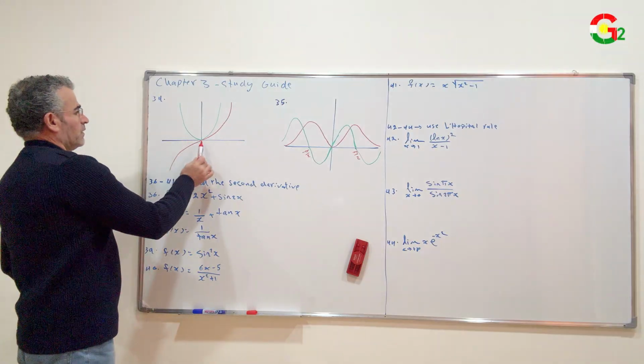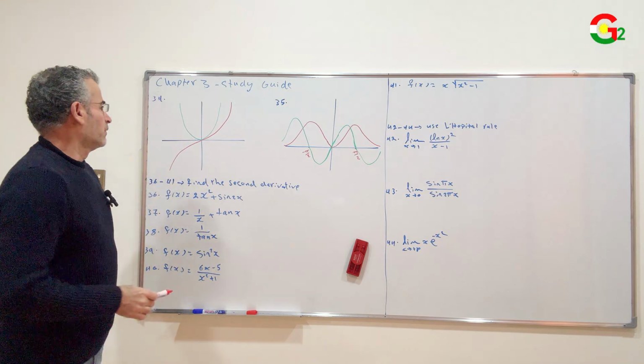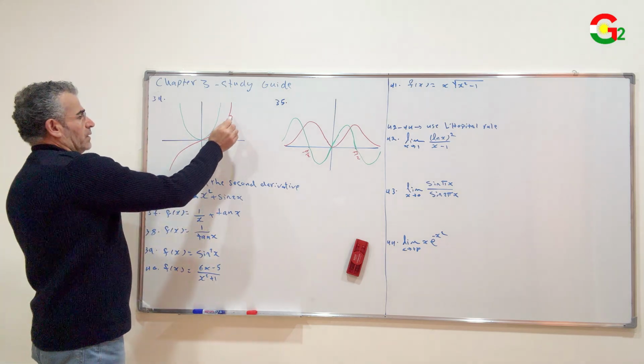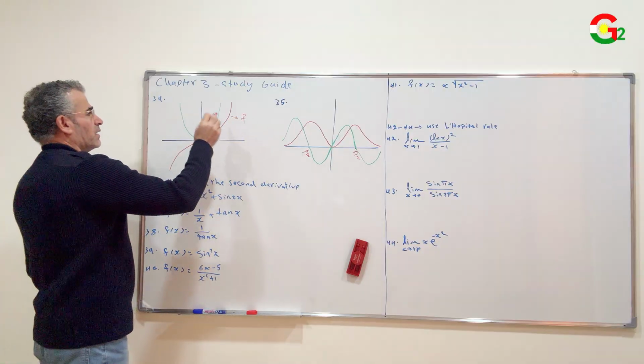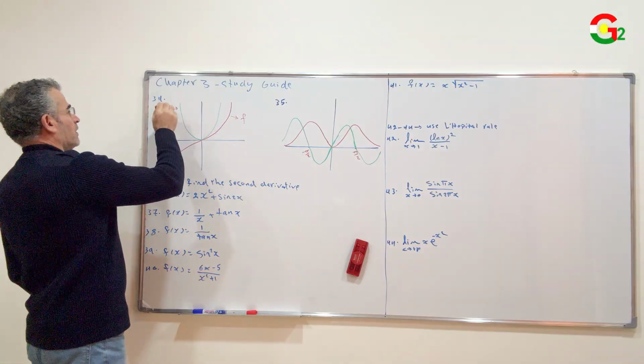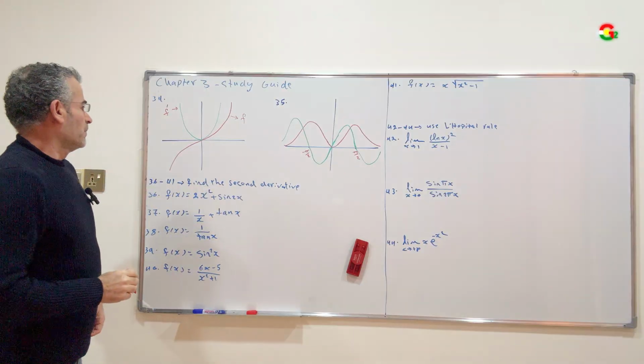For the first graph in question 34, the graph in red is for the function f, and the graph in green is for its derivative f prime.